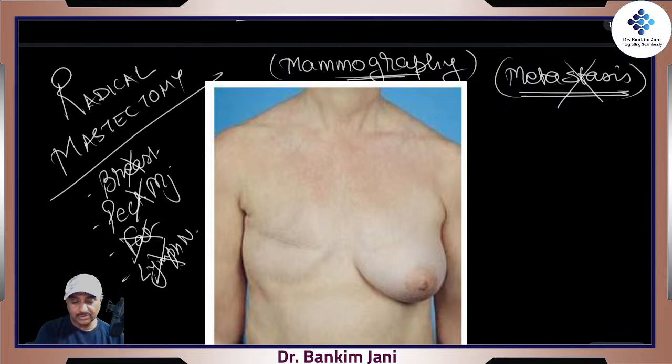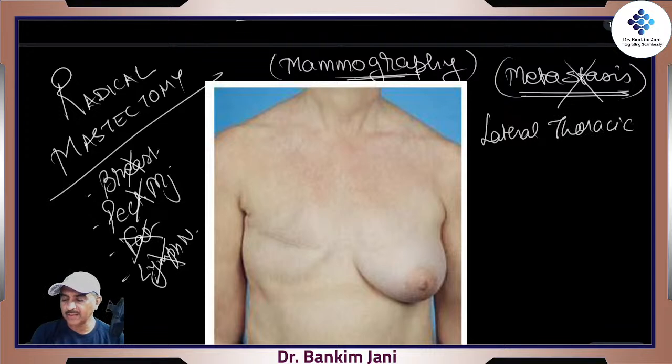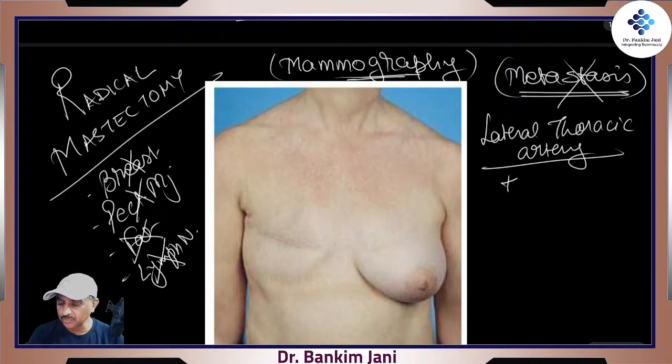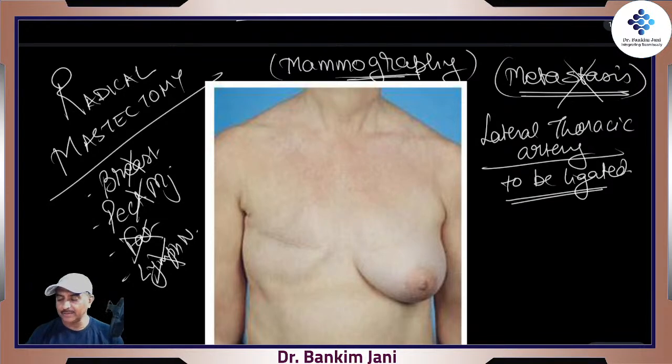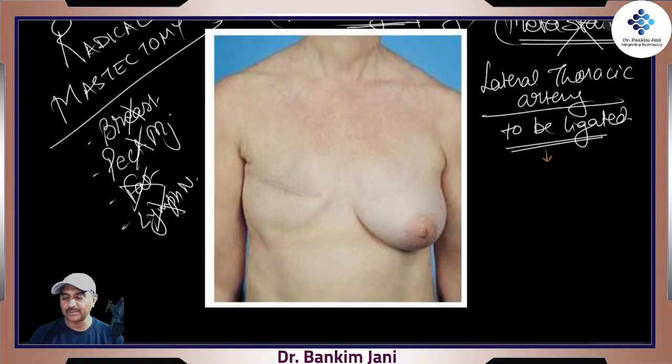Now, the moment you say that you will be removing the pectoralis major, there is one important artery which will be going, and that is the lateral thoracic artery. We have seen this artery during our dissection. This artery has to be ligated, tied. Now there is a very important nerve very close to it, and that nerve is the long thoracic nerve.